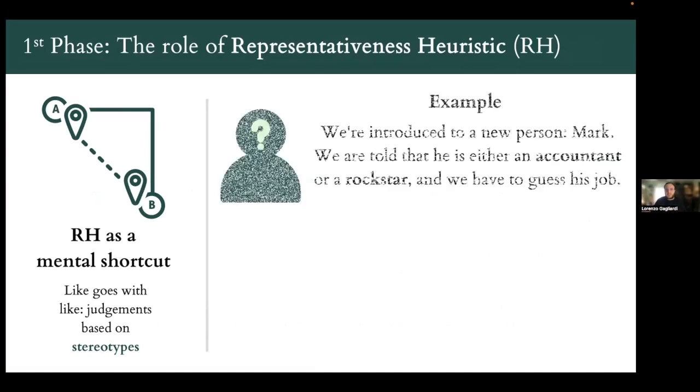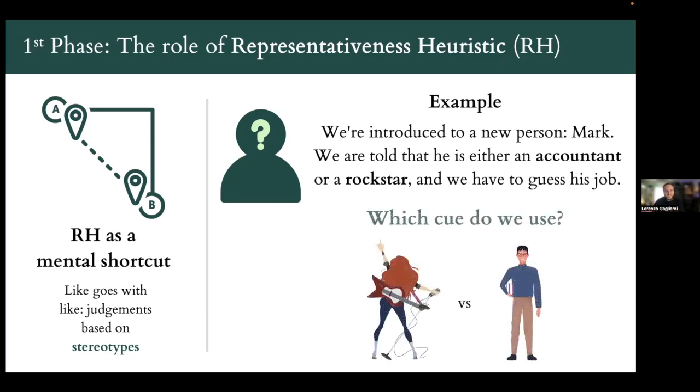Let's make an example. Imagine you meet a new person, he's called Mark, and you're told that he's either an accountant or a rock star, and you have to guess his job without any other information. You can start thinking about how many accountants and rock stars on average are present in a given population. Or you could simply take a look at his outfit and ask, does he look more like a rock star?